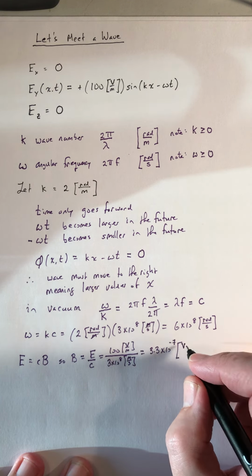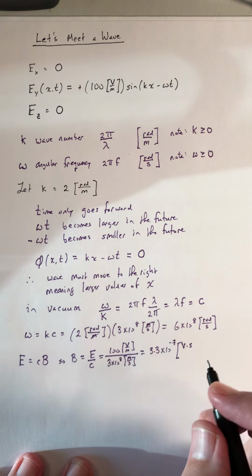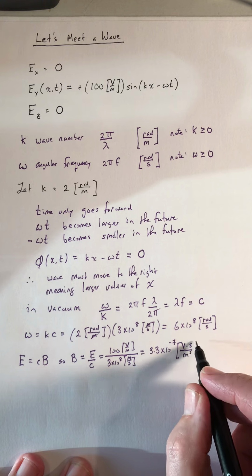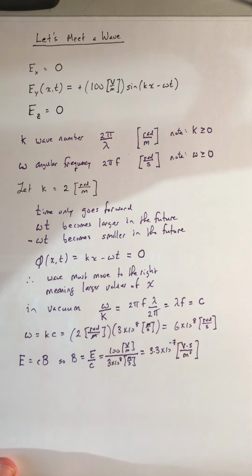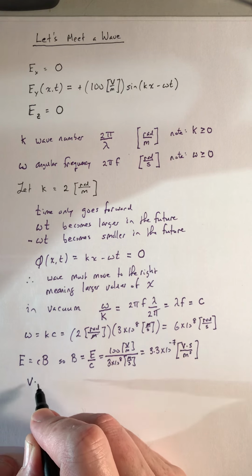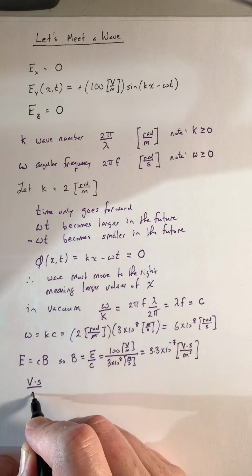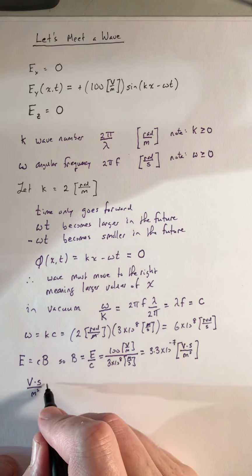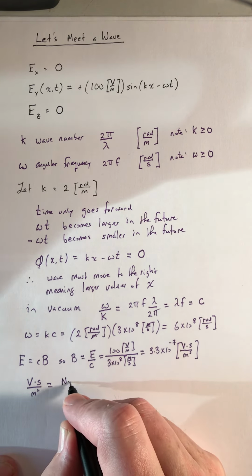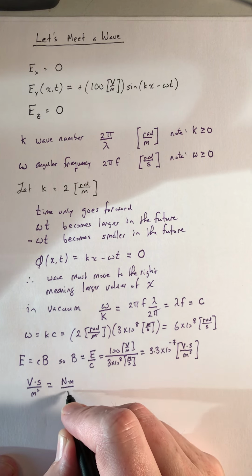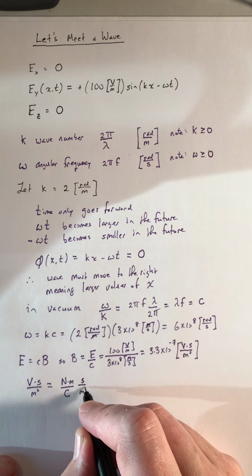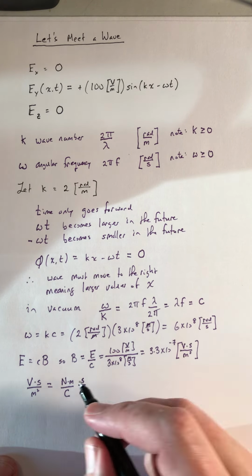And the units are going to look a little funky here. We'll work it out. I'm going to have volt second per meter squared. So just sort of meditate on that for a second. A volt second per meter squared. A volt is a joule per coulomb, so that's a Newton times a meter over a coulomb. Then I still have a second per meter squared.